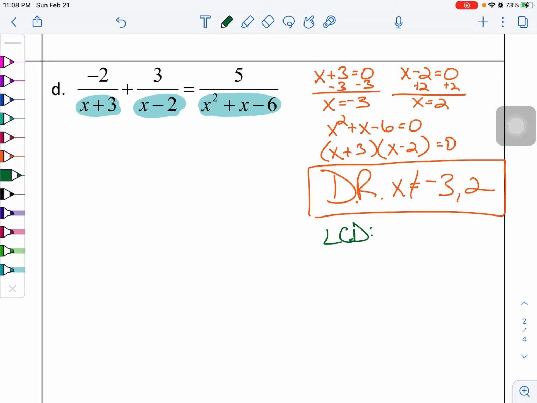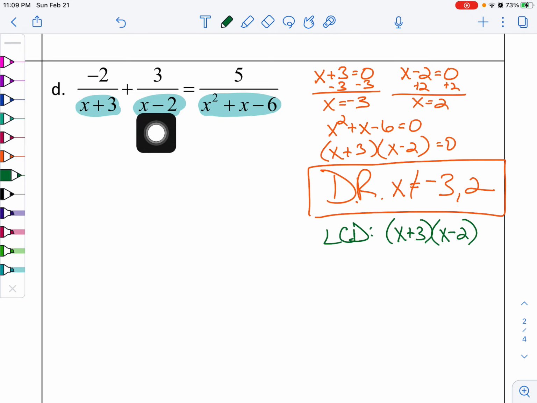All right, let's talk LCD. So I want to use every factor that shows up in my denominators. So my first factor would be x plus 3. My second factor, and that's from this first fraction, is x minus 2. And the nice part is this x squared plus x minus 6, when I factor it, becomes these two terms. So you don't have to use them multiple times as long as each factor only shows up once in a denominator.